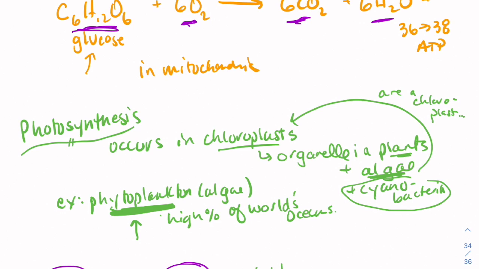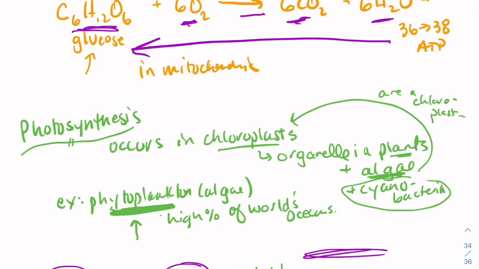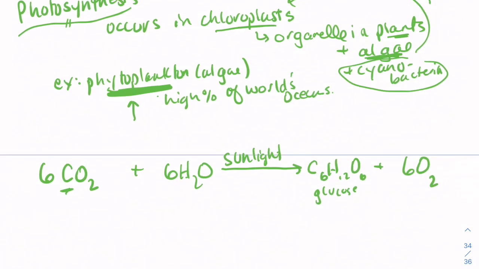I hope so, because photosynthesis, this overall equation down here, looks like aerobic cellular respiration backwards. Yeah, so photosynthesis looks like the opposite of cellular respiration, and somehow it's still producing energy for plant cells.